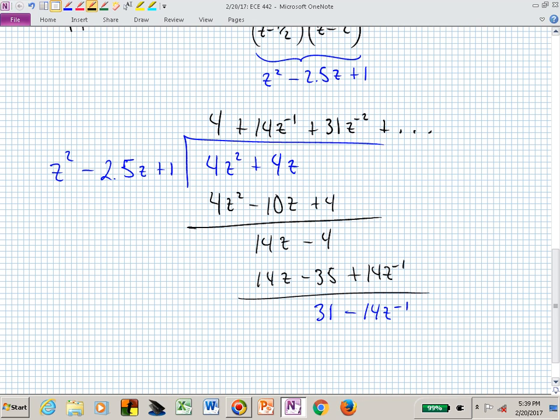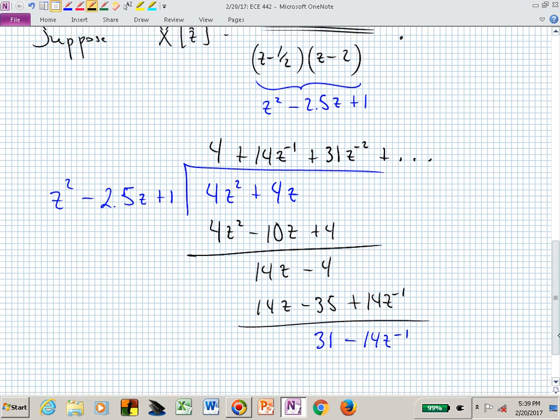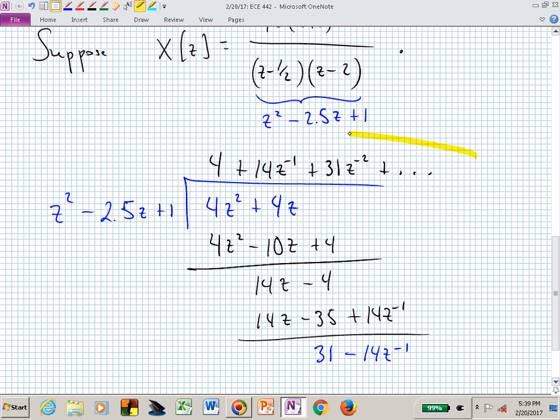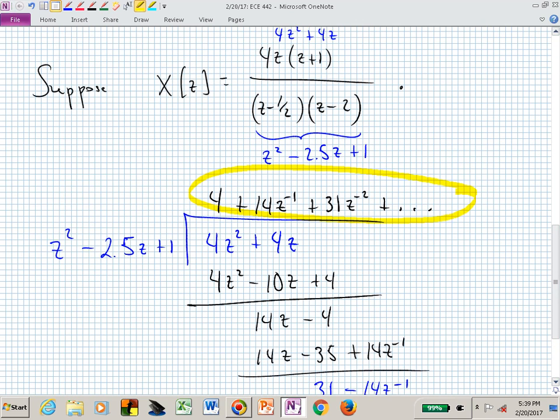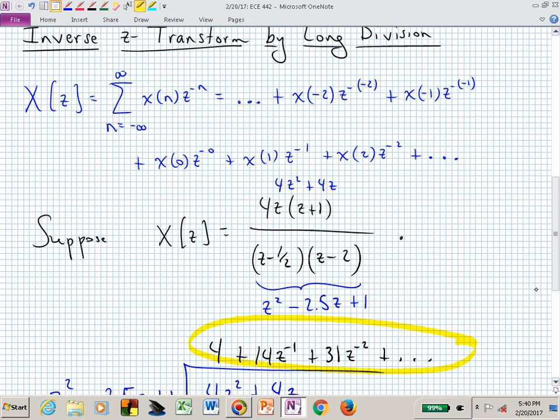But what I want us to see is connecting this expression, the result of taking our numerator and dividing it by our denominator, and comparing that with that expression. And I'm trying to match terms.